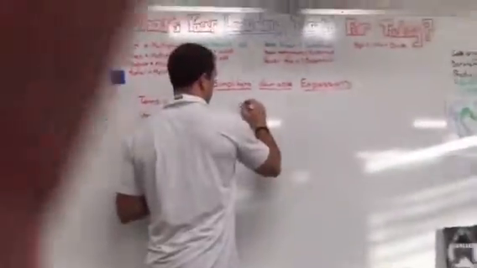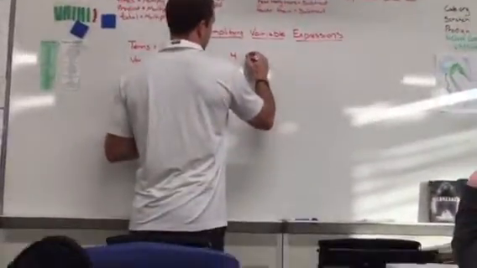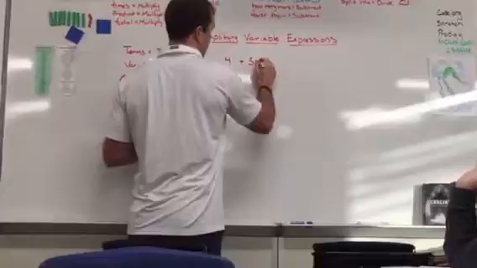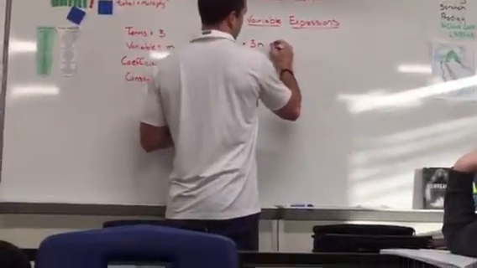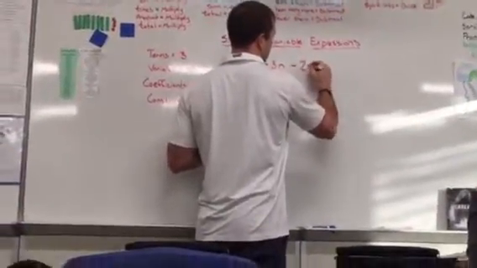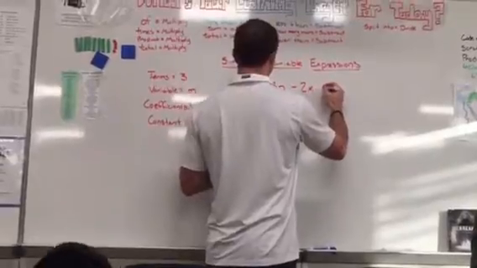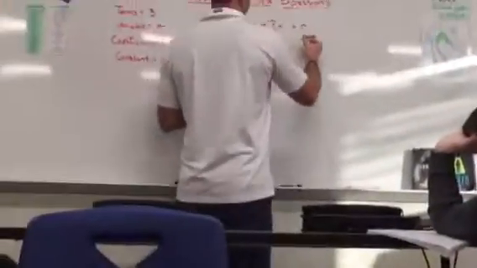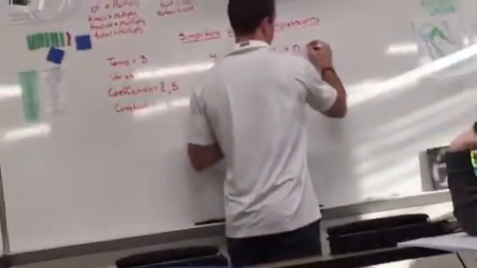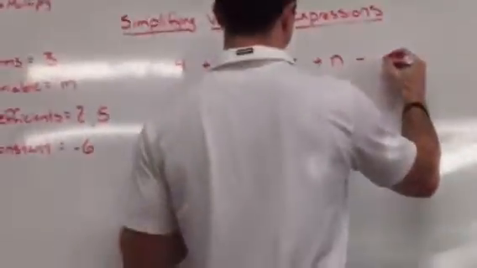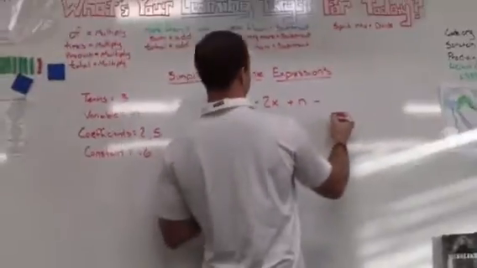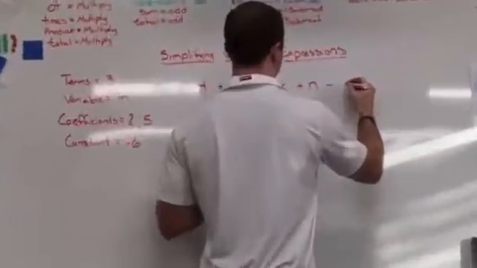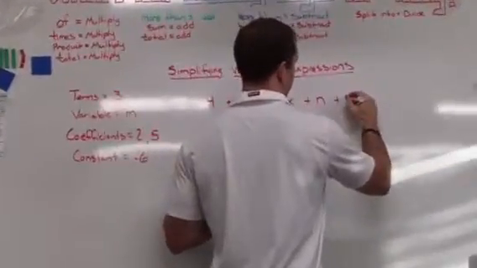All right. 4 plus 3n minus 2x plus n, plus 5x.